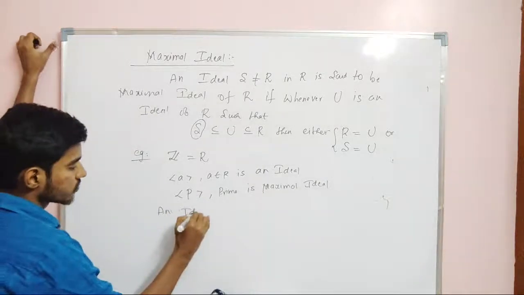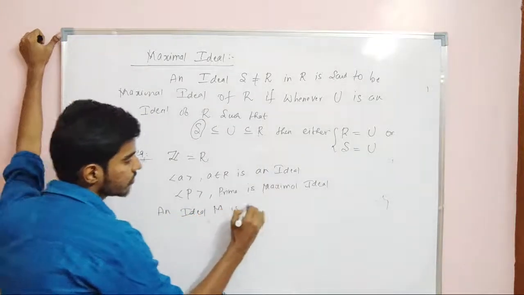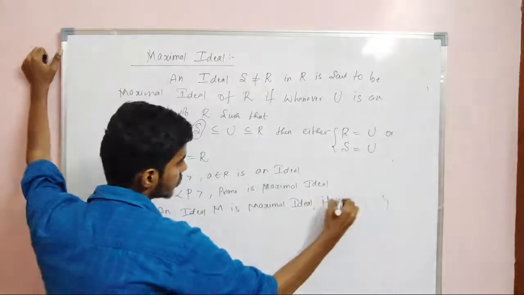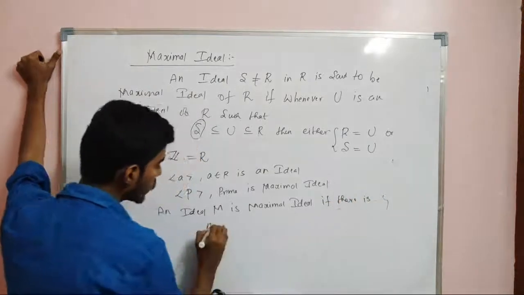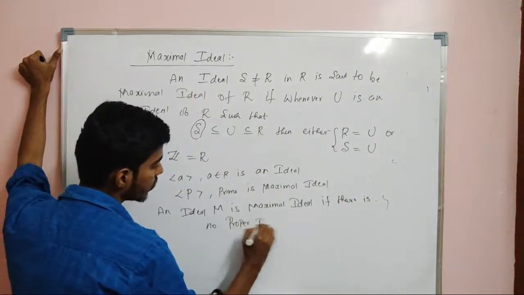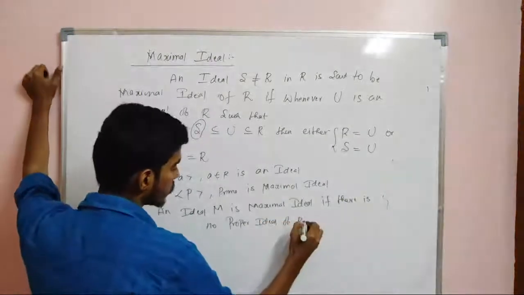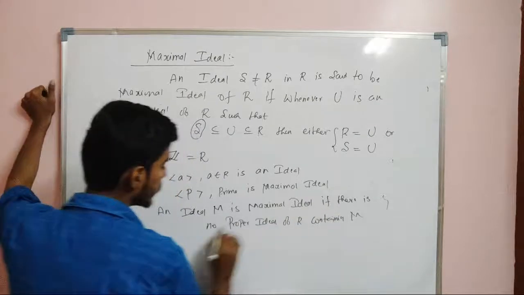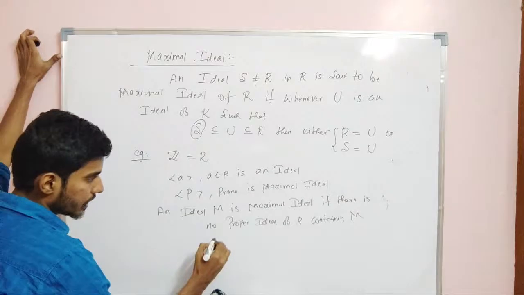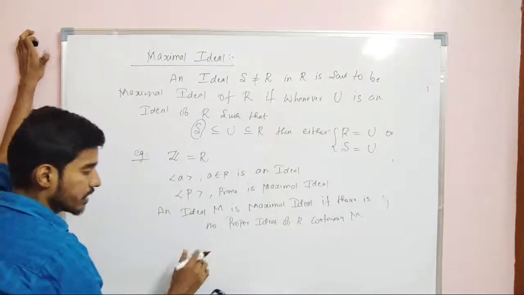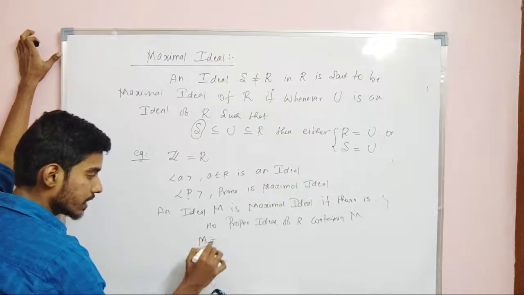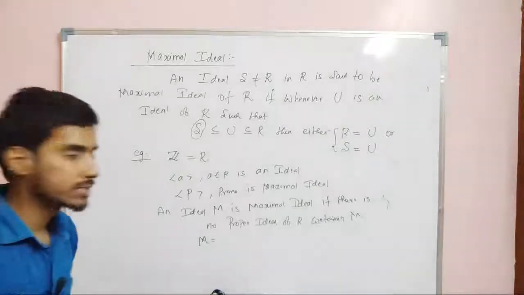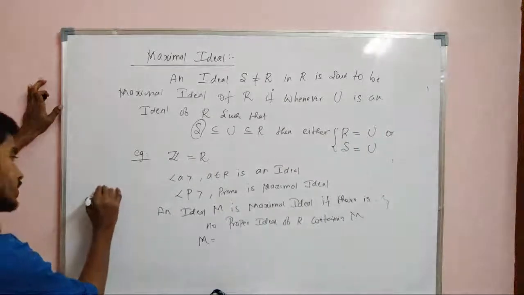An ideal M is a maximal ideal if there is no proper ideal of R containing M, right? That is, M is a maximal ideal if you cannot find some other ideal which properly contains M. So again, repeat, and you can see 6.